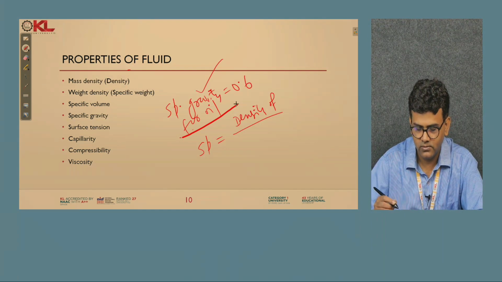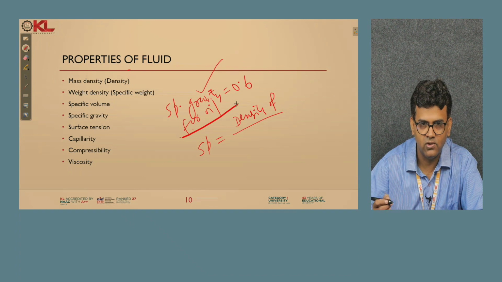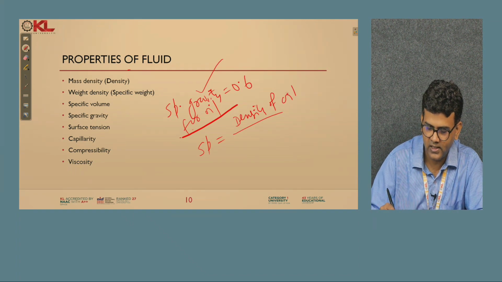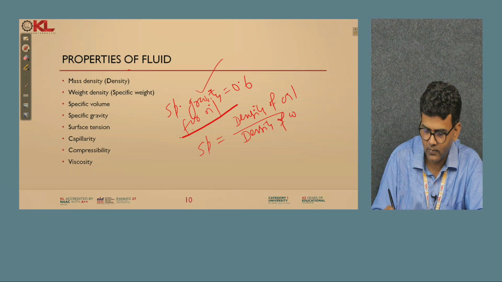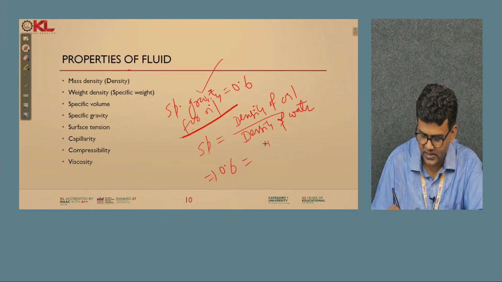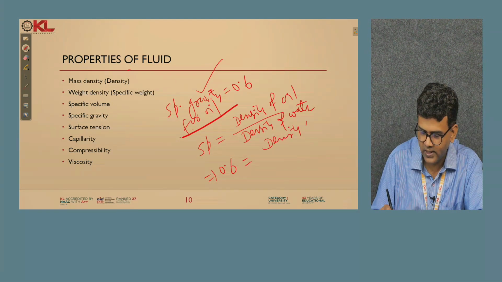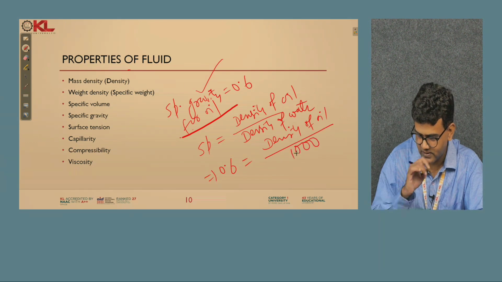Now, how to get the density of that fluid, that is oil? So the density of oil divided by the density of water. The specific gravity is given as 0.6, so 0.6 equals the density of oil divided by the density of water, 1000.